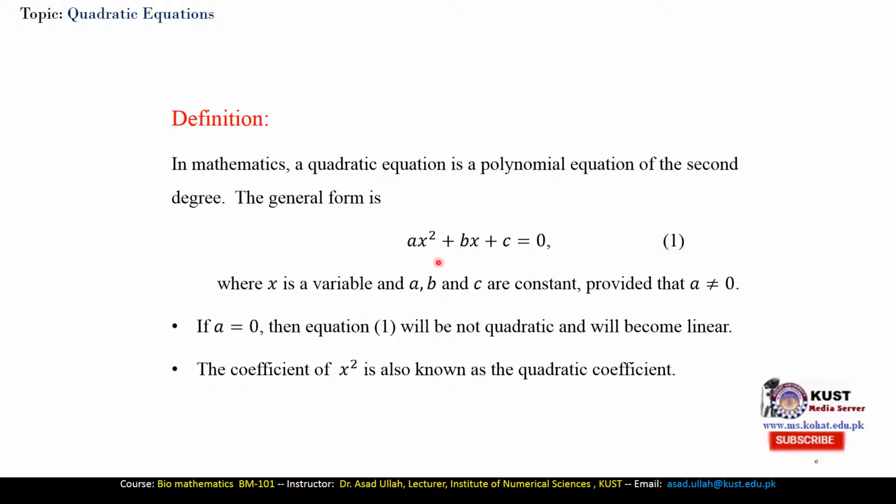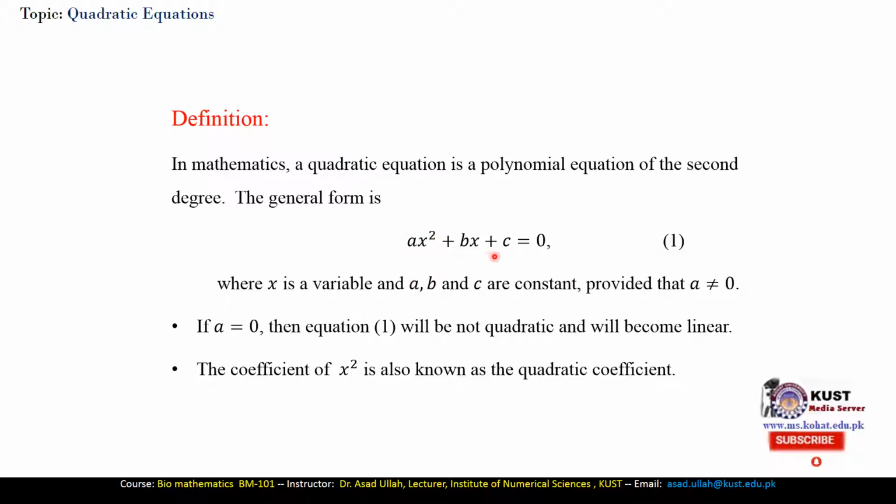If a is equal to 0, this equation becomes bx plus c is equal to 0, which is a linear equation. So this equation will be no more quadratic. So in defining a quadratic equation, we must know that the coefficient of x square will be not equal to 0.